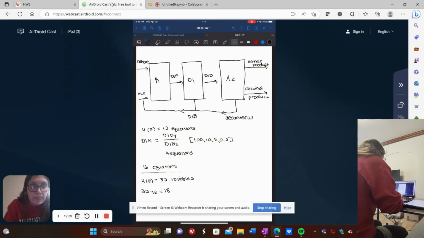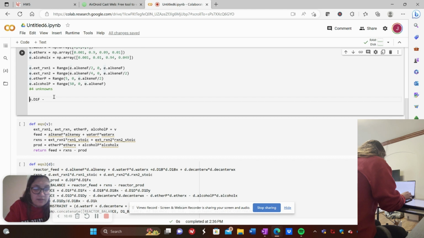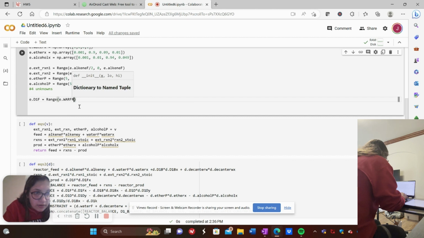So next, I'm just kind of going to move through this system. So I'm going to first start with this D1F. So we've already gone through the alkene and the water feed. Okay, so we have E dot D1F. And so we have to have a range for this. So we have range. We're going to do E dot WAF ratio.